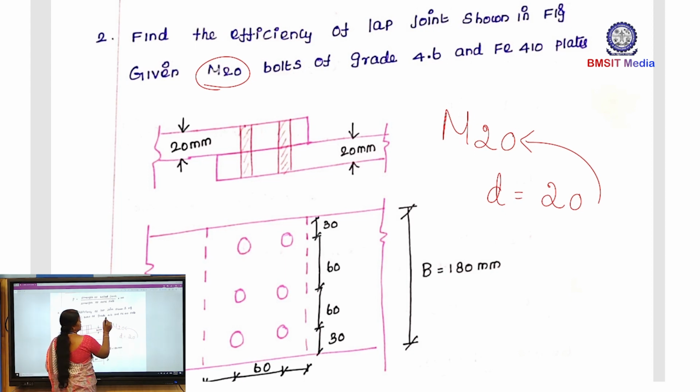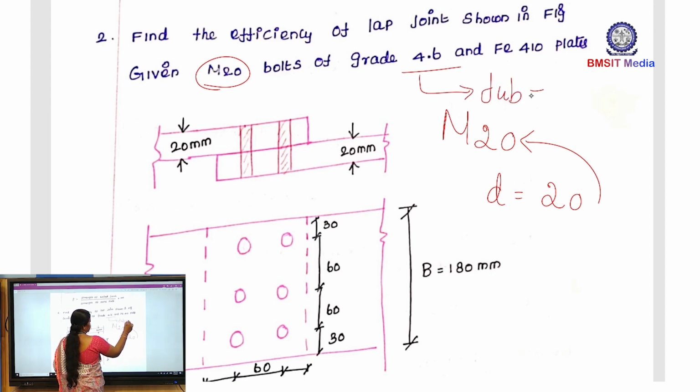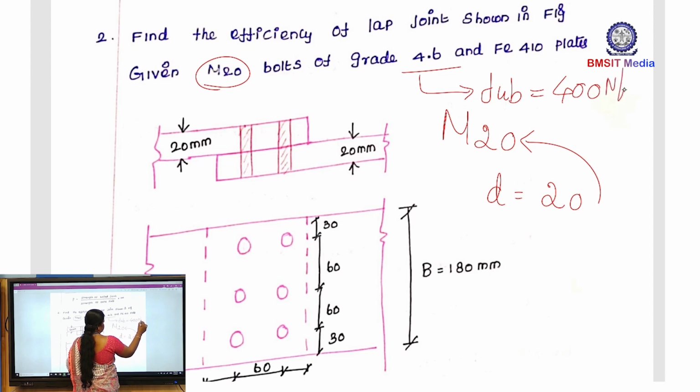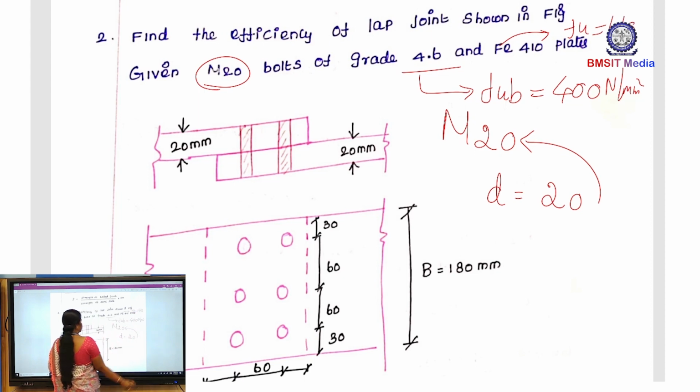4.6, using this value we can calculate the ultimate tensile strength of the bolt equal to 400 Newton per mm square. So, this digit into 100. Now, coming to Fe 410, this is the plate strength, Fu equal to 410 Newton per mm square.